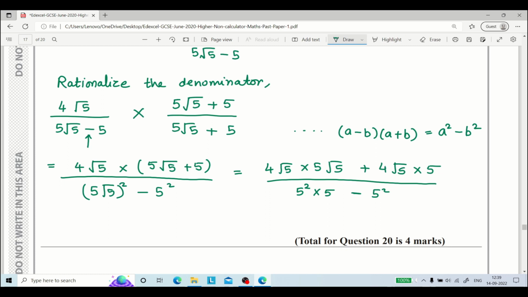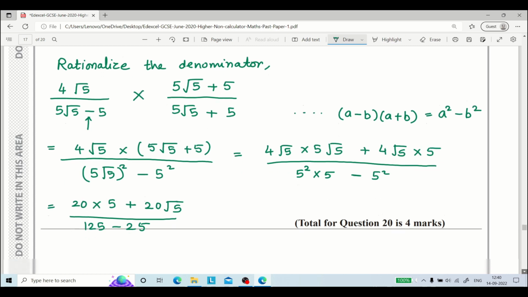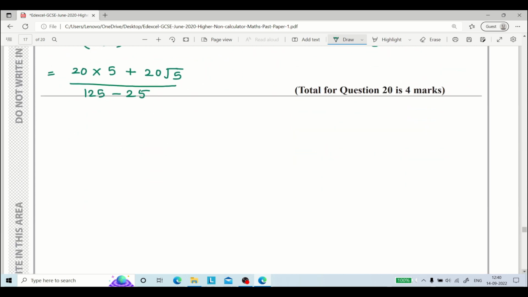Okay, so let's solve this. 4 into 5 is 20. 20 into root 5 is 5, plus this is 20 root 5, over this is going to be 125 minus 25. I hope you're verifying the steps while I'm solving. Yeah, so this is going to be 100 plus 20 root 5 upon 100.